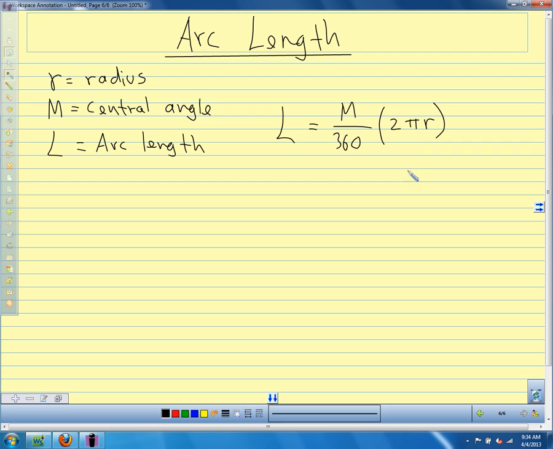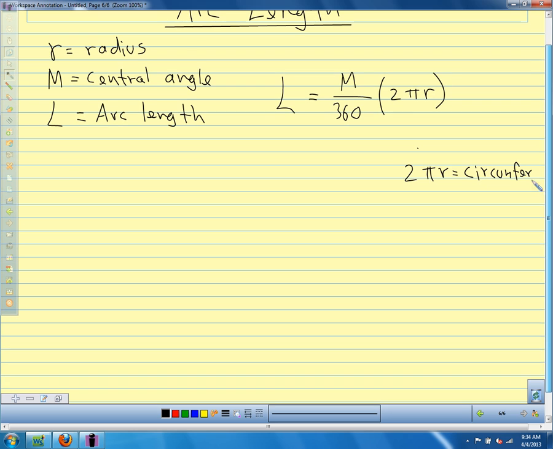What does 2 pi r tell us about a circle? 2 pi r is the circumference. And the circumference is how far it is all the way around the circle.